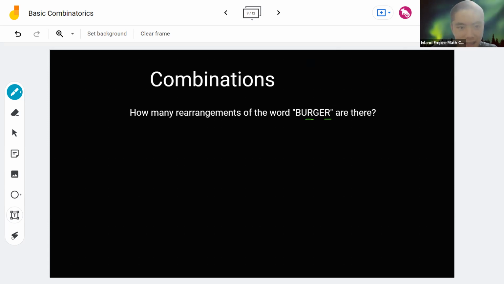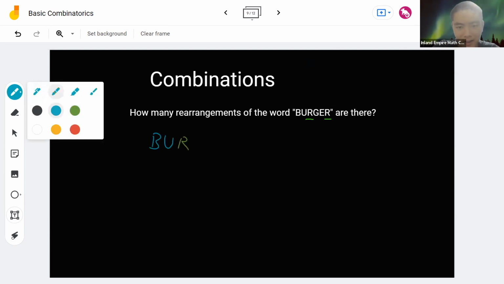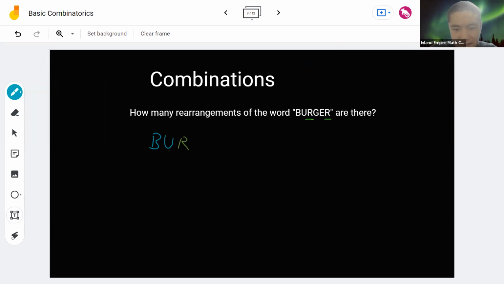Instead of just writing the word burger, we're going to call it B capital R ger, and the other R will be a lowercase r, like this. So let's do a couple of rearrangements. For example, one rearrangement is let's say RUBGER, like this.